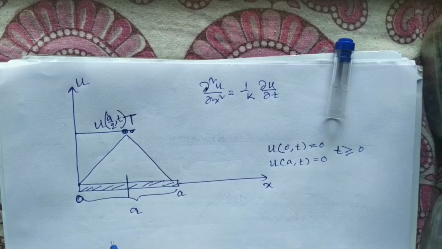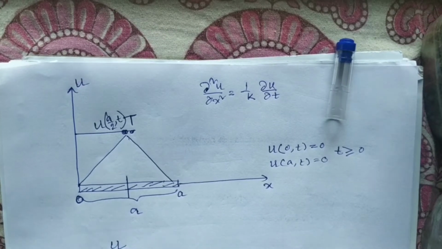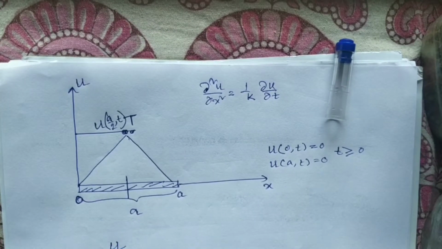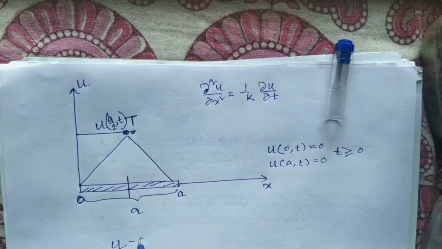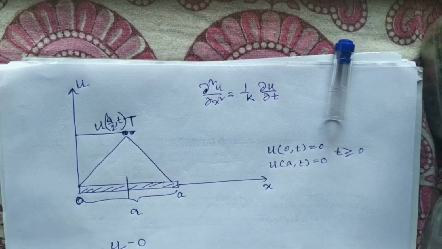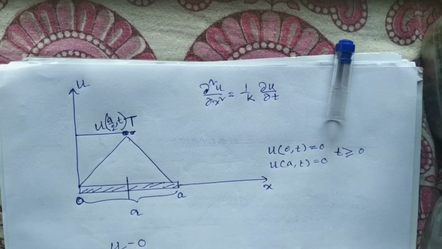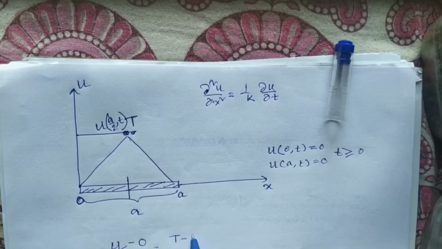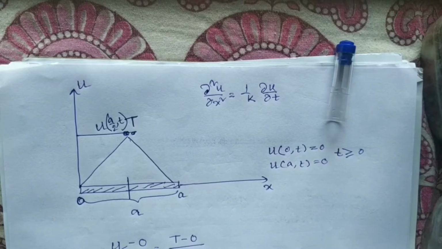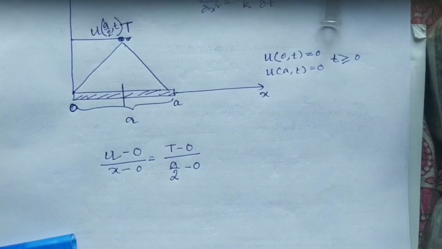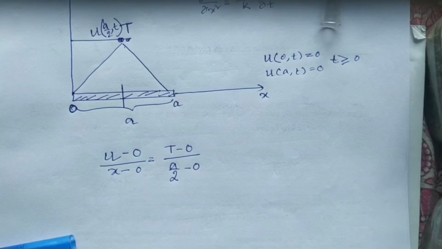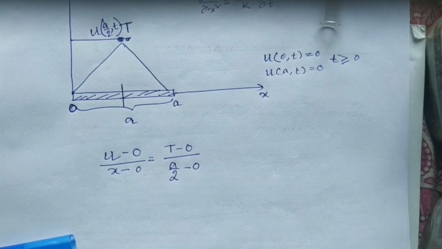Follow that if u is the temperature at any point, then (u minus 0) by (x minus 0), that is the slope, should be (T minus 0) by (a/2 minus 0), because we are taking the slope and making them equal.